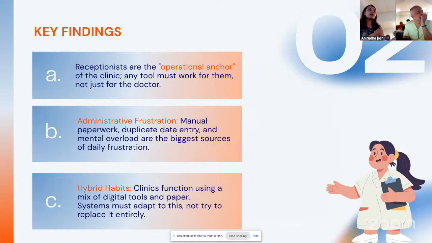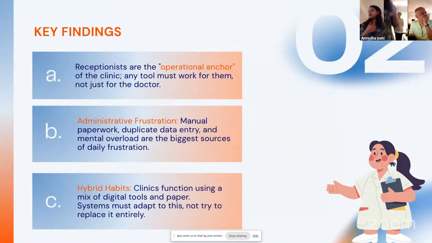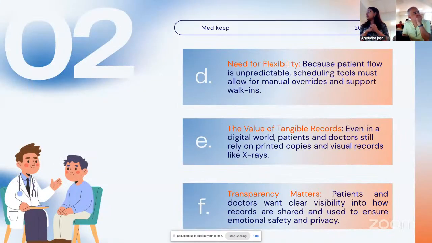Hybrid habit talks about how clinics rely on both digital and physical tools to function. Next would be need for flexibility: patient flow could be unpredictable, so there should be an option to accommodate new walk-ins. Then we have value of tangible records and transparency, how patients and doctors rely on transparency.